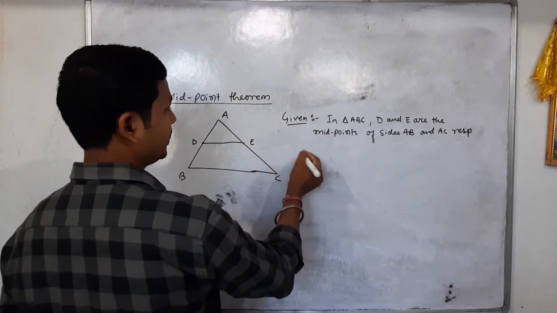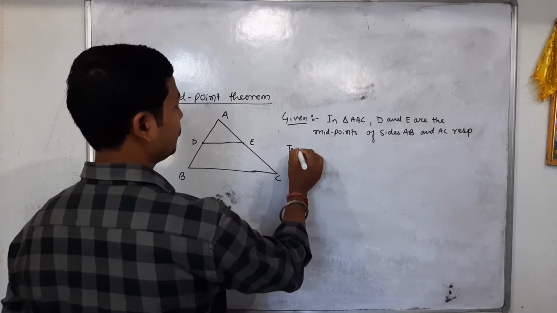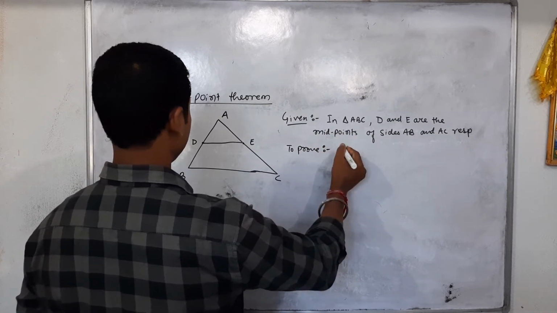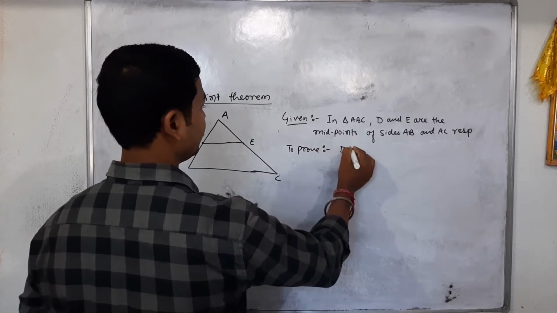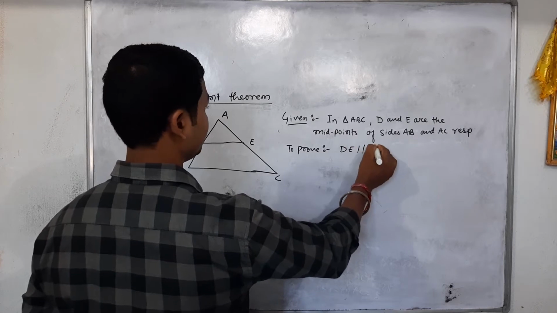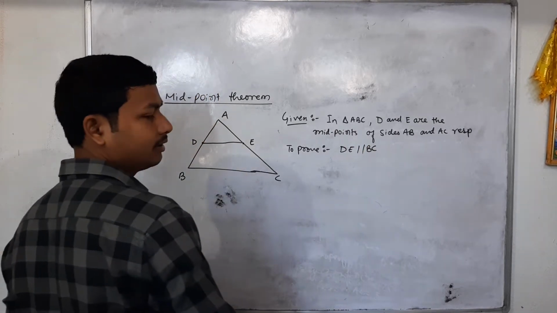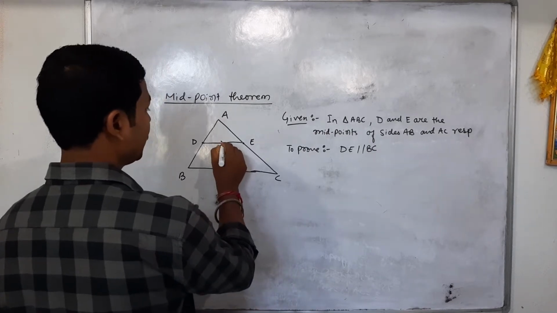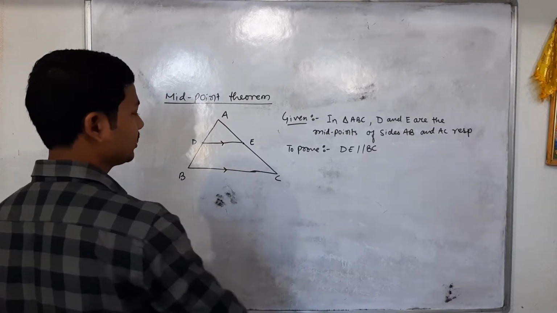So what we have to prove? To prove that DE is parallel to BC. DE is parallel to BC, मतलब हमको दिखाना है कि DE पैरेलल होगा किसके? BC के.